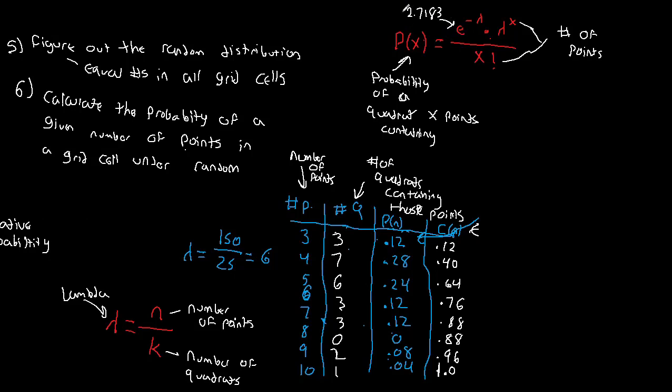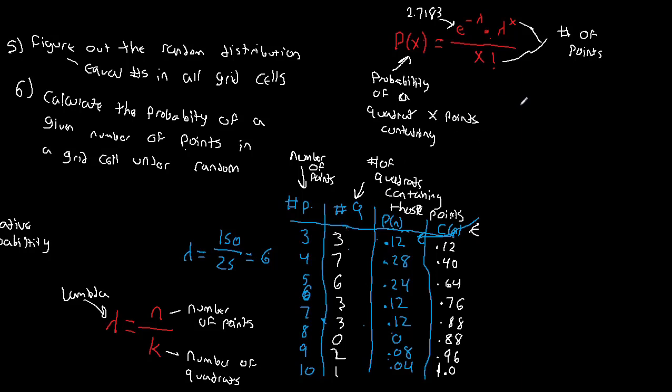Right, so what we're saying is we have this constant and we're taking into account the number of points we want, as well as this average that we calculated for a random distribution. We can plug these in for a given number of points to get the probability of a quadrat containing exactly that number of points. So let's go ahead and do that example for 3.